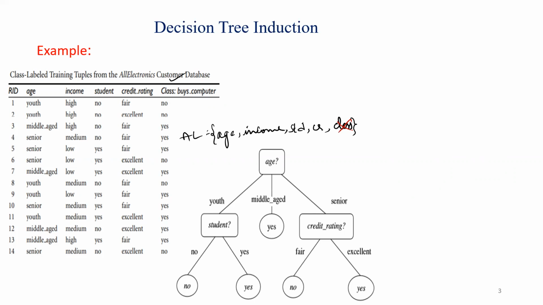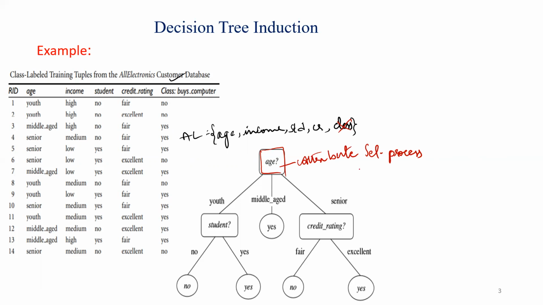So here the task is, out of all these attributes, we need to select one attribute as the node. In this example, we have selected age as the attribute. How we select this particular attribute is based on the attribute selection process, which in turn follows some attribute selection measure.